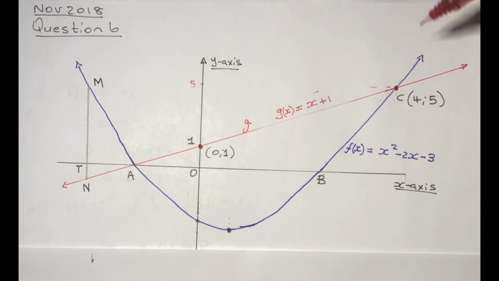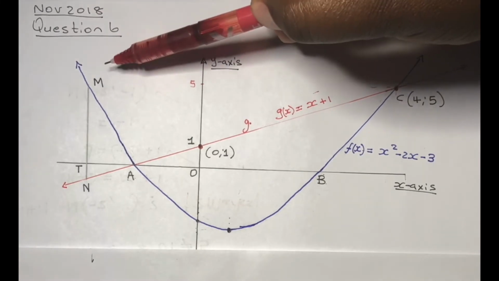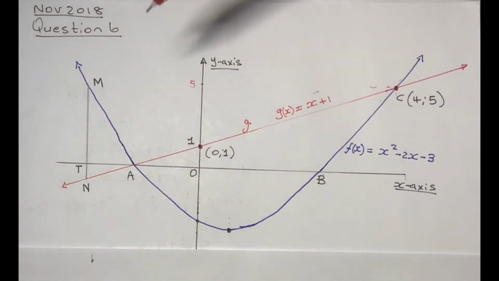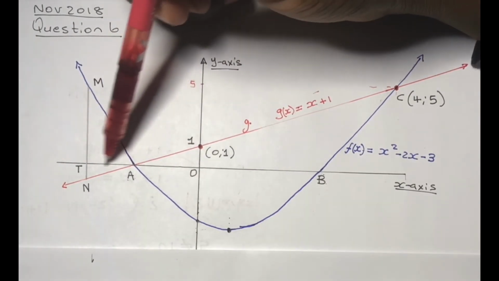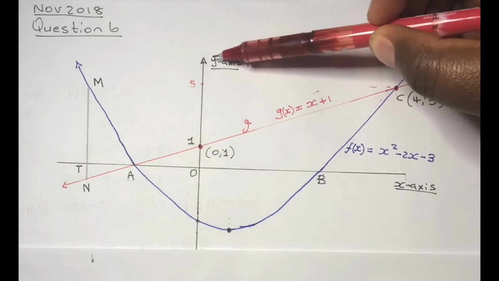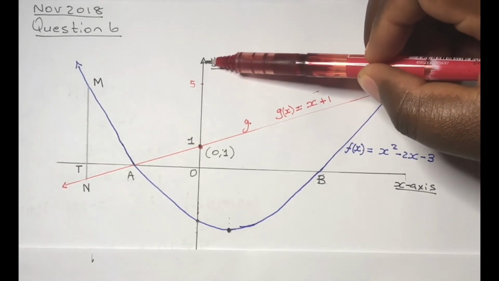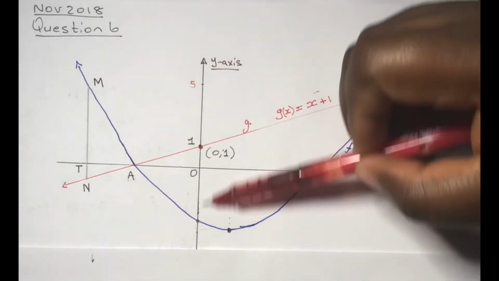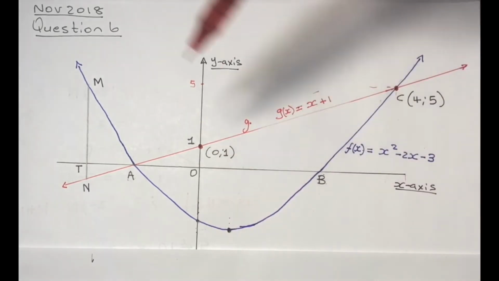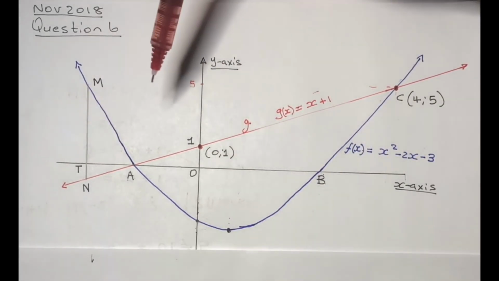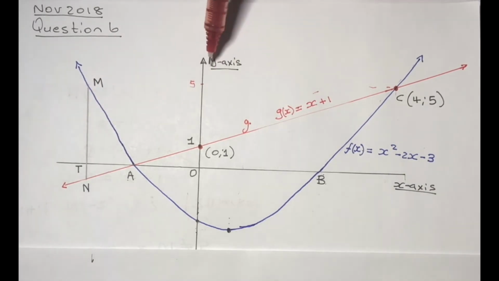And again, we notice we've got a line which is perpendicular to the x-axis because we've just been advised that MN is parallel to your y-axis, which means it makes a right angle at that point.